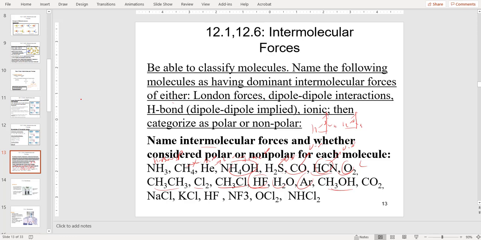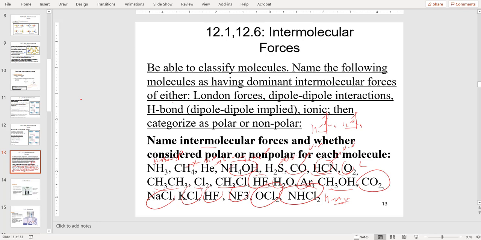Hydrogen bonding, London force, ionic, dipole-dipole, hydrogen bonding. It should be a lower, small 3, but oh well. That's going to be dipole-dipole, dipole-dipole, and then this right here is going to be hydrogen bonding.